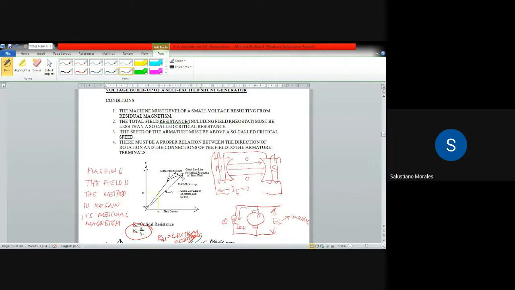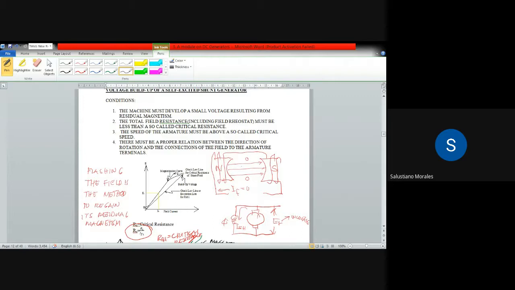Because if you're going to operate a generator and drive the armature at the required speed, and we also have the necessary magnetic lines of force, but the setting of the total resistance is equal to or greater than the critical resistance, then the output of the generator is a very low voltage.